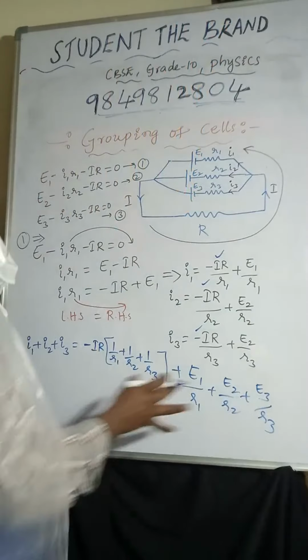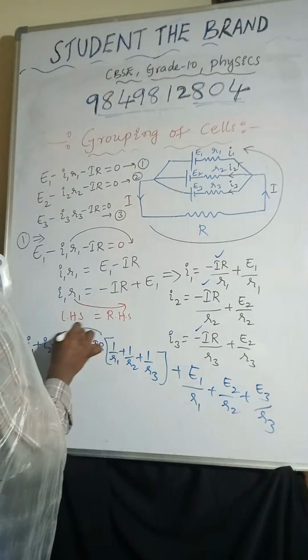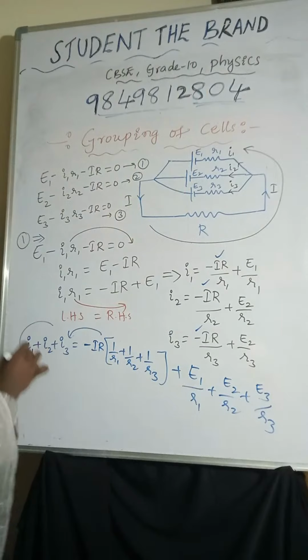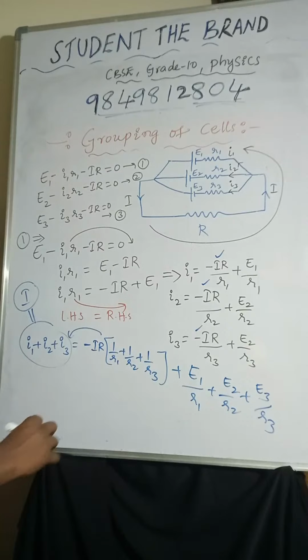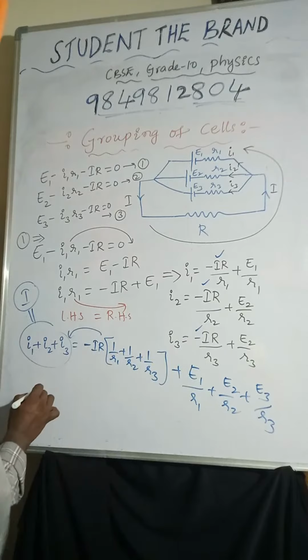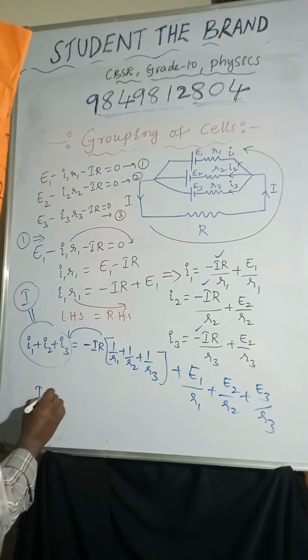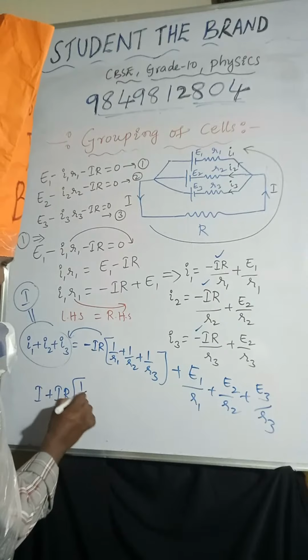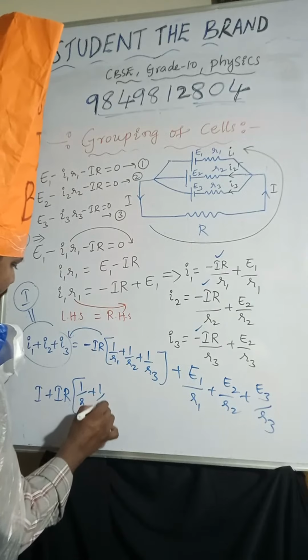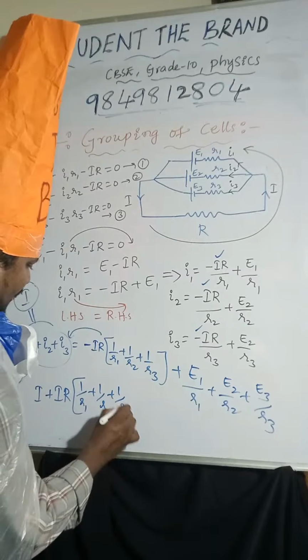Now I am taking this term to that side, because the total term will become I, that is the net current. So I equal to, this term will become plus IR, times 1 by R1 plus 1 by R2 plus 1 by R3.